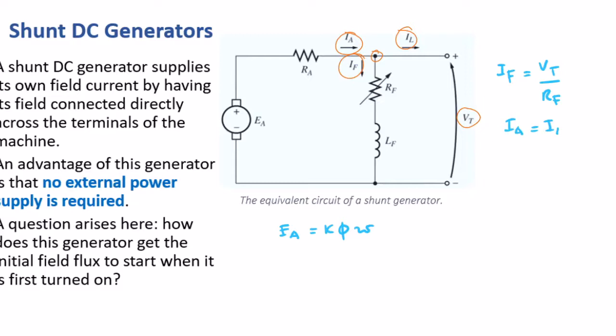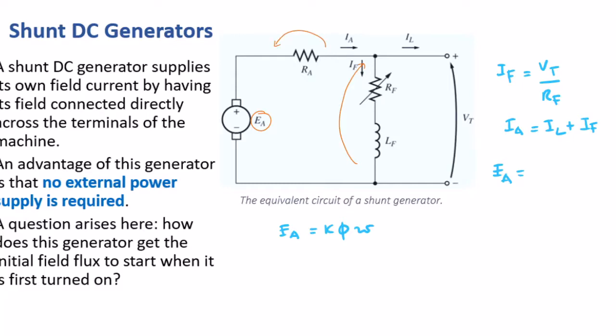And lastly, if you use KVL, let's find the relation between VT and EA here. This is EA, and it will be this voltage plus this voltage.